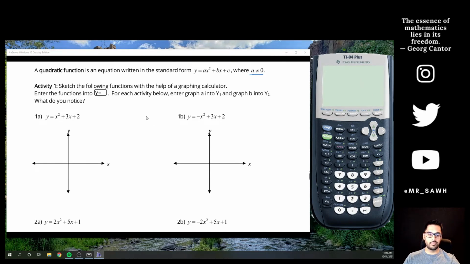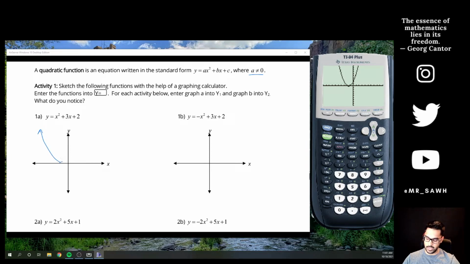So I'm going to graph this first one here. If I press my y equals button in the top corner, I can put it in, and it says x squared plus 3x plus 2. And then if I hit the graph button, which is top right, we'll see that shape being drawn. So all we're going to do is just draw out the little picture here, just so we have a reference to look at.